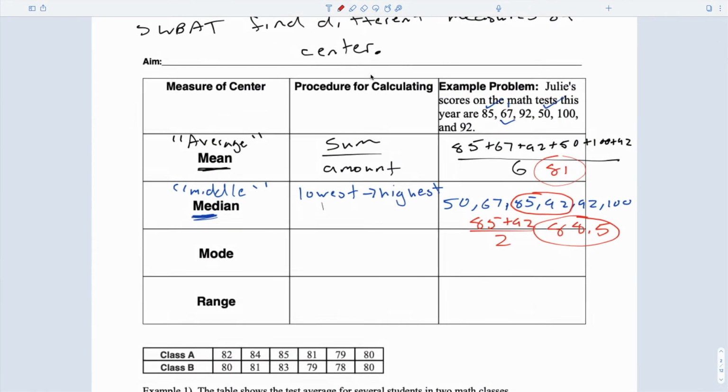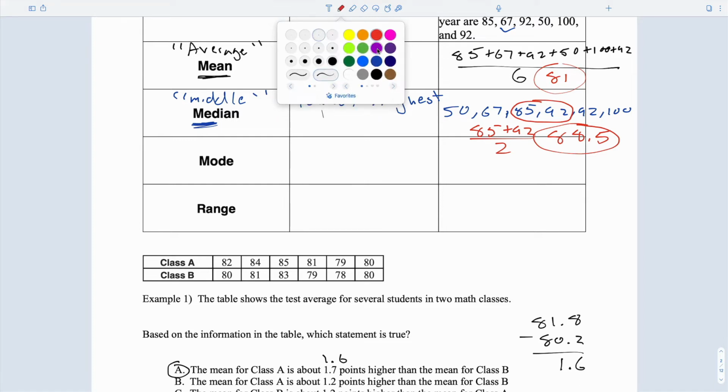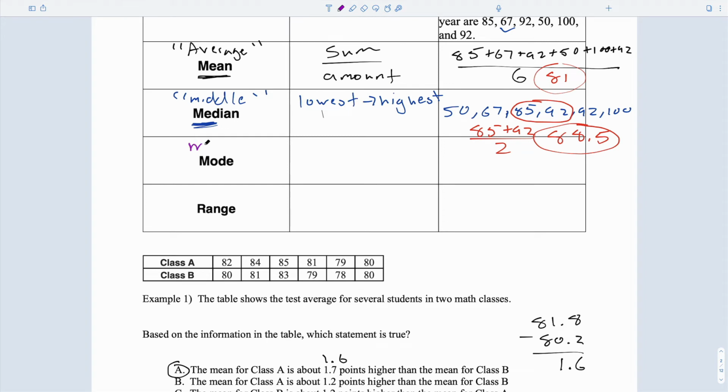The mode. Mode is the easiest one to get, and here's why. With mode, you're thinking the most. Mode is the number that appears the most. So what number appears the most times in this data set, Colby? 92.